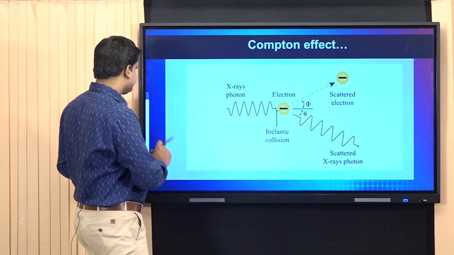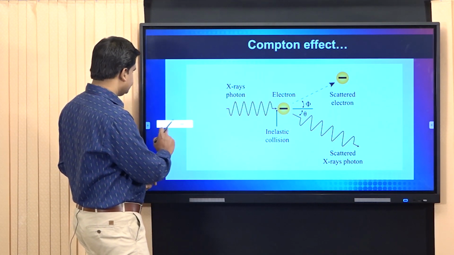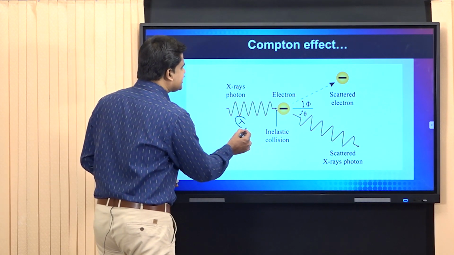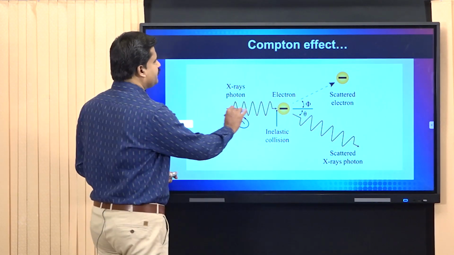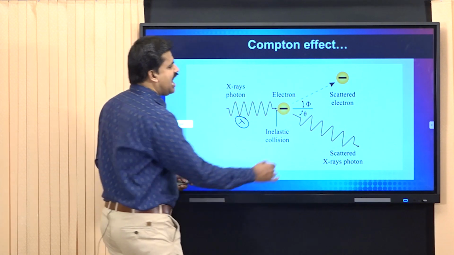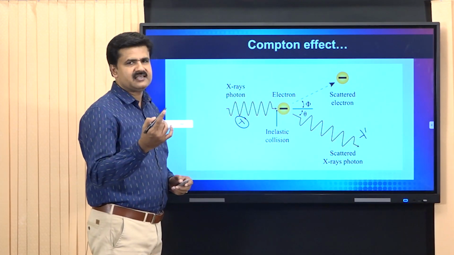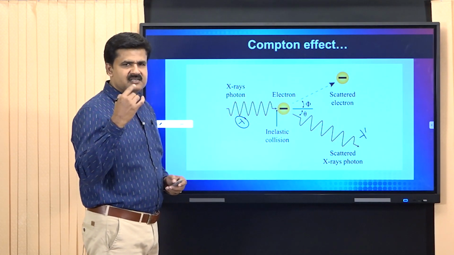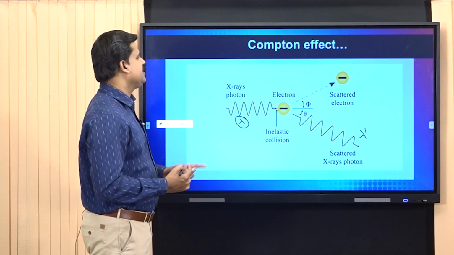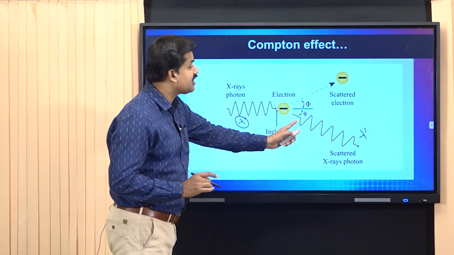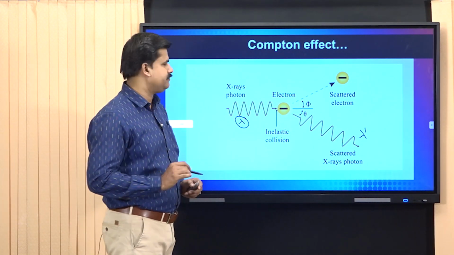Let lambda be the incident wavelength of the X-ray photons, and lambda dash be the X-ray wavelength after scattering, and the scattering angle of the X-ray is theta.